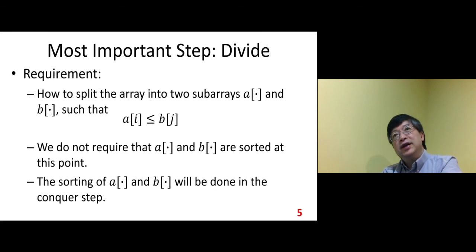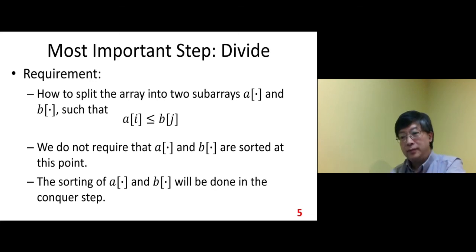We don't worry about the conquer step, because we can assume by recursion call we can make that happen. Here you can see the recursion is very powerful. Some very complicated things we can assume by recursion.